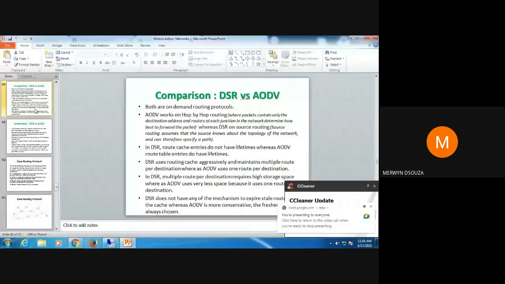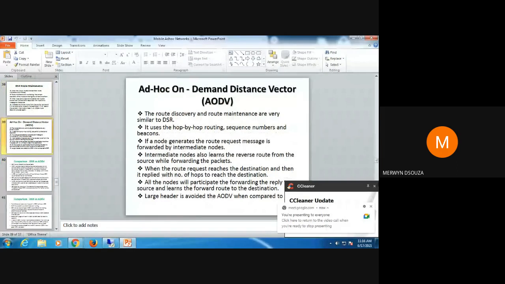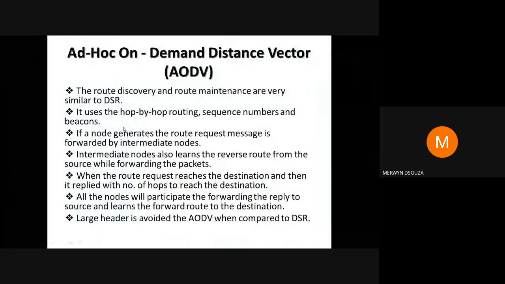So now we can actually look at this slide and understand what was mentioned. Like I told you, the route discovery and route maintenance are similar to DSR. It uses hop by hop routing, sequence numbers, and beacons. Beacons means just some small messages to signal.